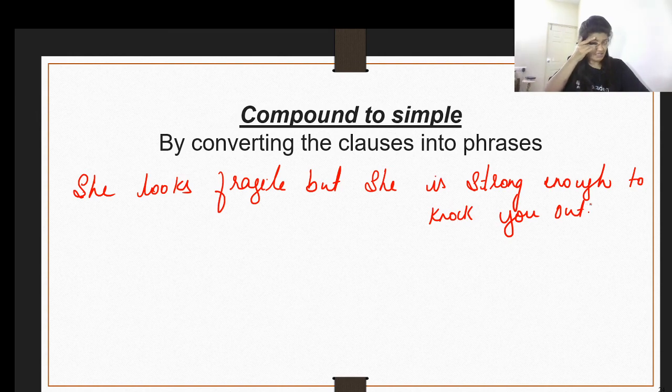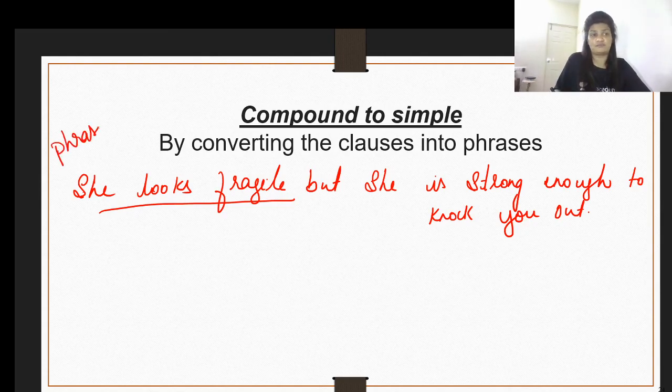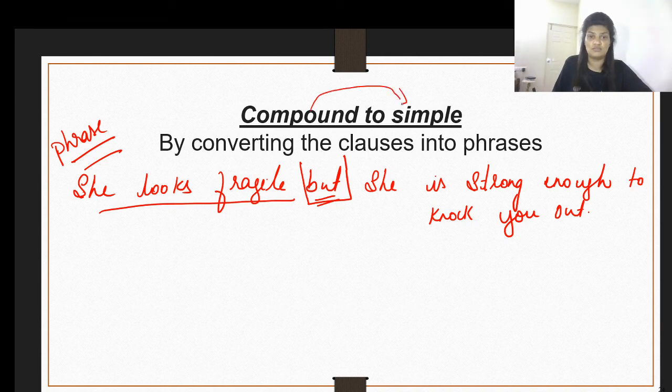She looks fragile, but she is strong enough to knock you out. So how are you going to convert this clause into a phrase? This is our compound statement because we have the coordinating conjunction over here. So you have to convert this compound sentence into a simple sentence.